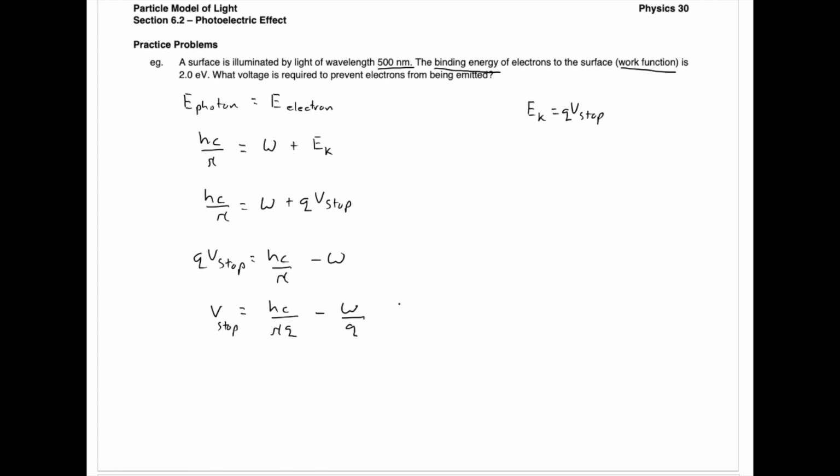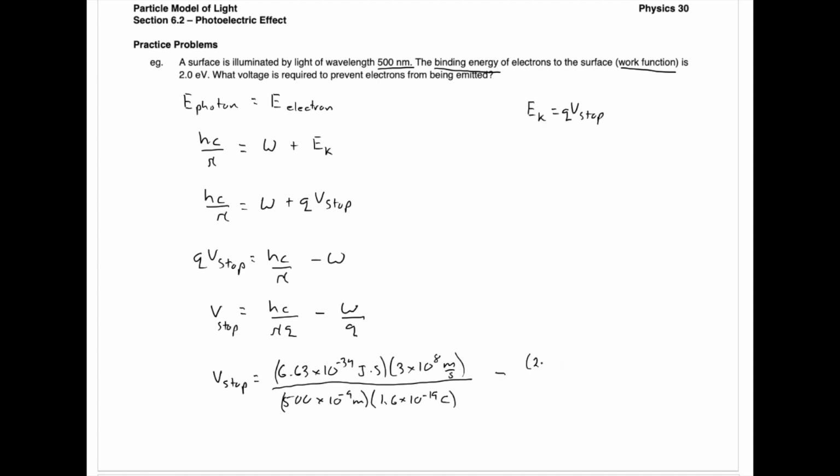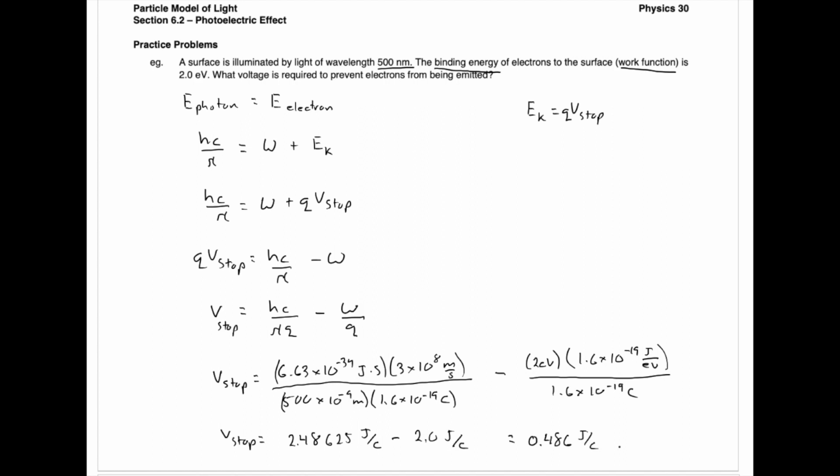And now to find my stopping voltage, all I need to do is put my values into the equation and I'll have the voltage there. And so I'll end up with 0.486 volts.